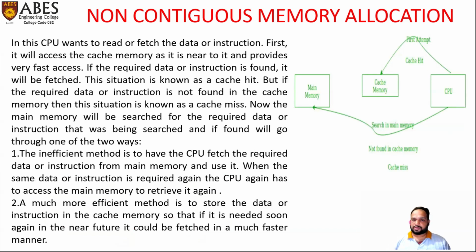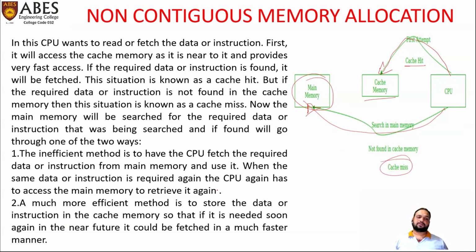As you can see here, initially the CPU searches, on its very first attempt, inside the cache memory. Once the data is found inside the cache memory, it is considered a cache hit. If that data is not available in the cache memory, then the CPU performs a second search in the main memory, and that is a cache miss.